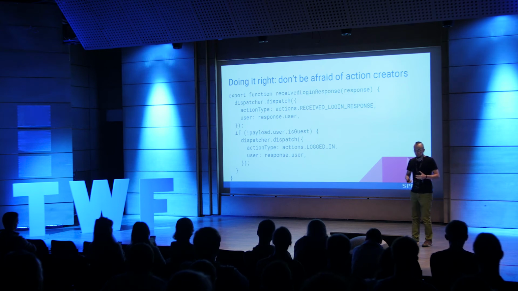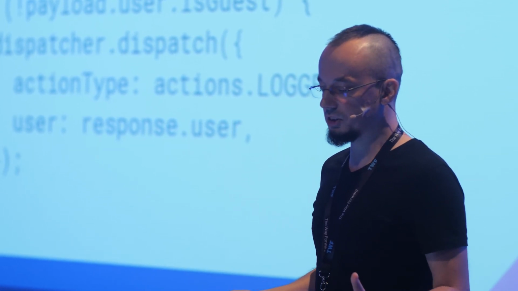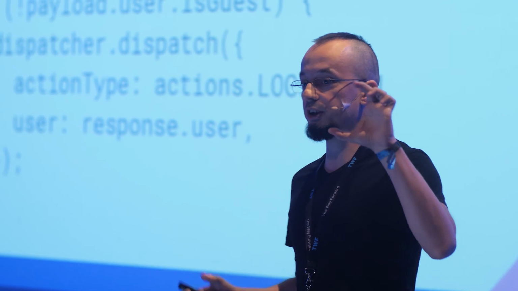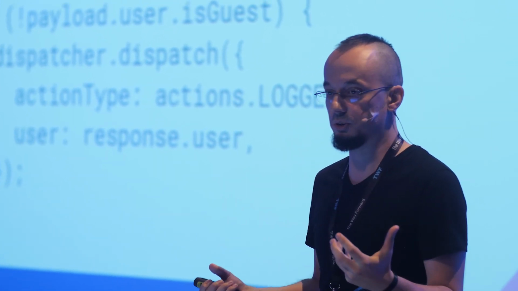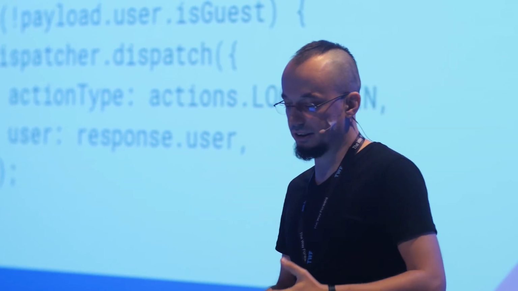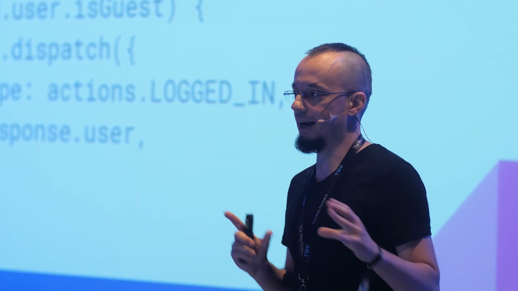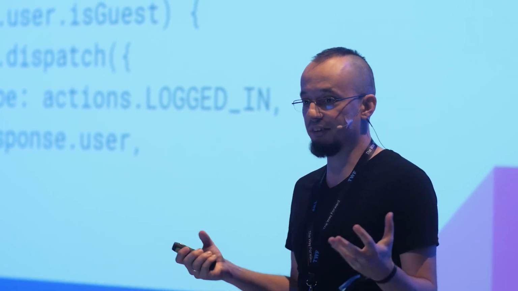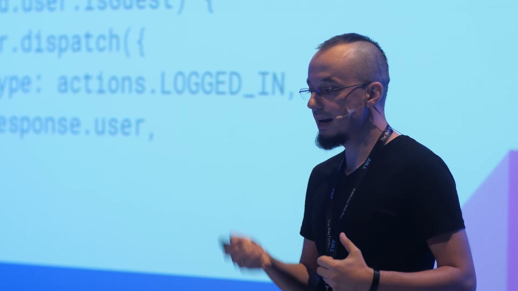You can do it like this. We received some data from the server, so we're going to dispatch a received login response, then make a potentially extensive computation to perform some sort of decision, and then only dispatch exactly the action that actually happened, right? So sometimes we have to puzzle out what's happened from the server side.